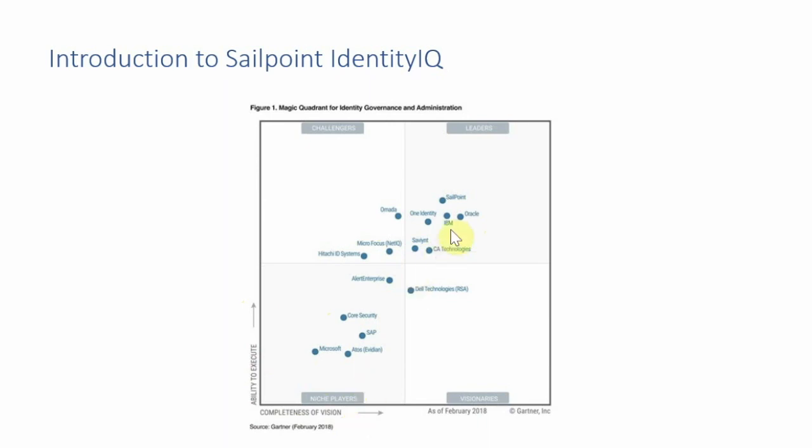According to these parameters, SailPoint is in a quite leading position, top of the leader position, I would say. So it's a very good tool for identity management and identity governance, and it's worth learning. And there are many jobs on SailPoint. So we'll see in the next video for this.